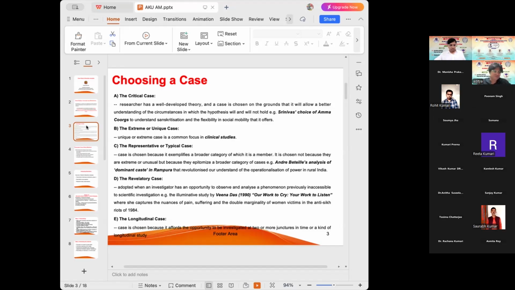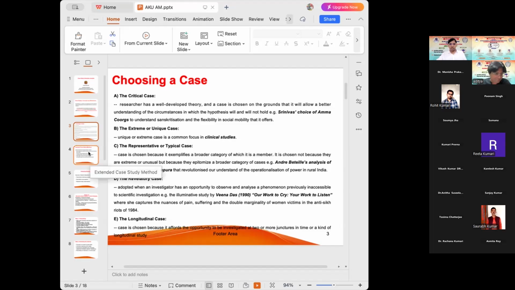Then the last one is the one which actually all of us generally do, which I also did, known as a longitudinal case. What we do is we take a certain case and we start finding the opportunity that we will understand this case at two different timings, because, based on our pilot study or our initial literature, we presume that there would be different points in time where the case will show some difference.